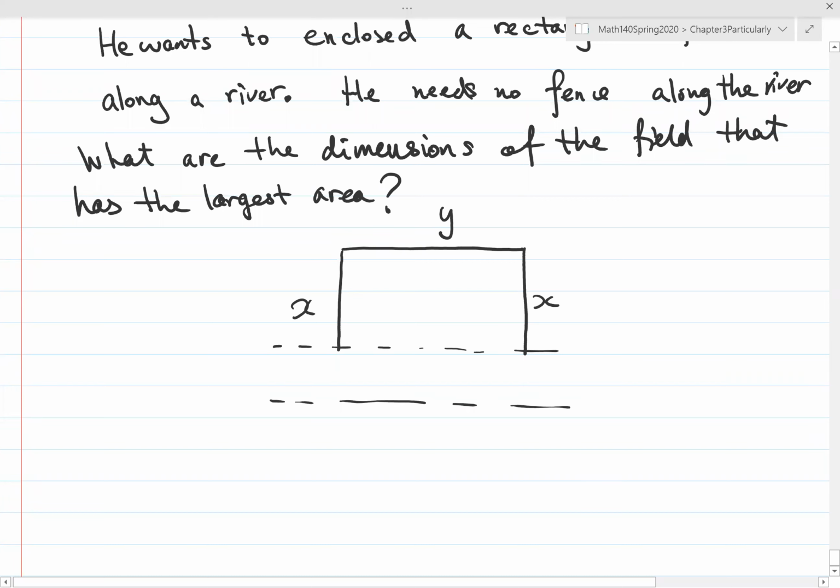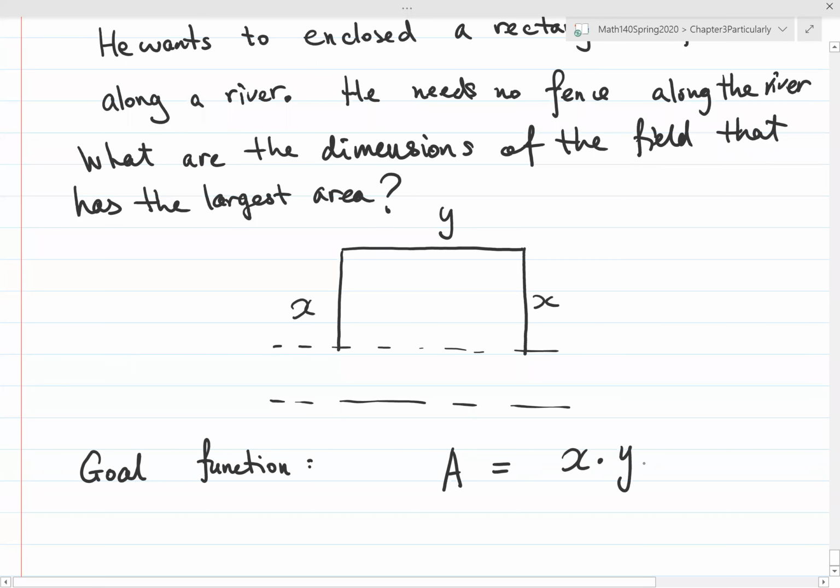The goal function to maximize is the area function, x times y.